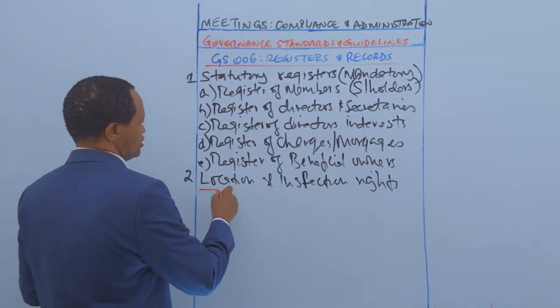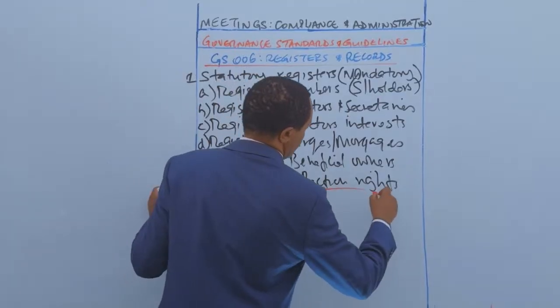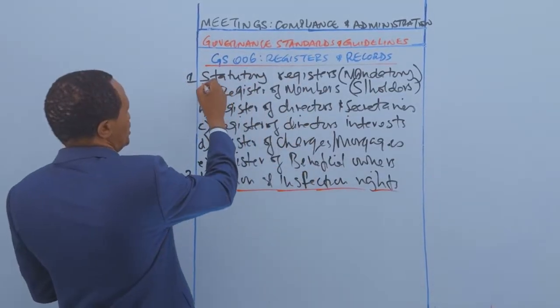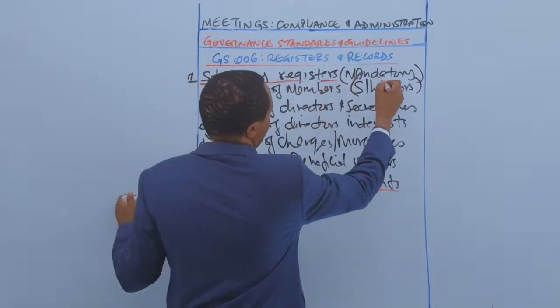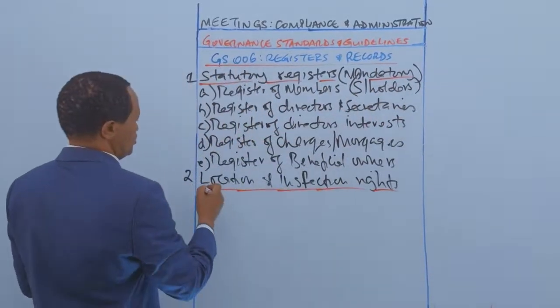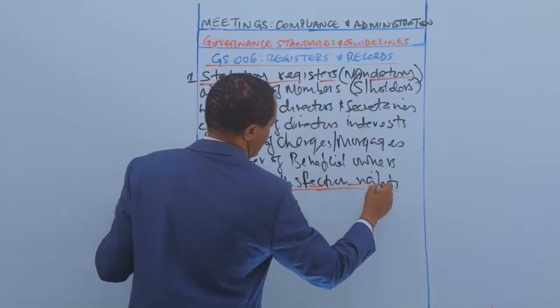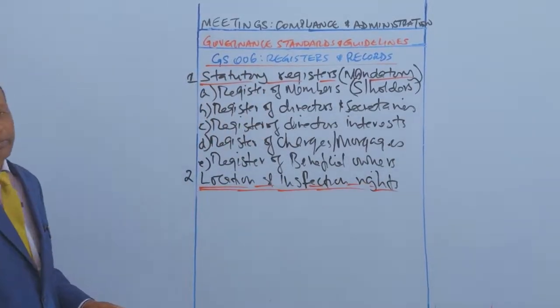We are talking about the inspection of these records. First of all, we have identified the records. So we want to analyze the location and inspection.